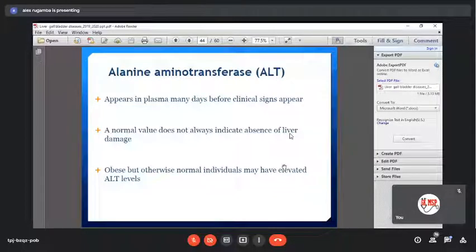This means that alanine aminotransferase may be increased or decreased without showing any sign. So a normal value does not always indicate absence of liver damage. That's why one test is not enough to assess liver damage. So you have to do a different test.